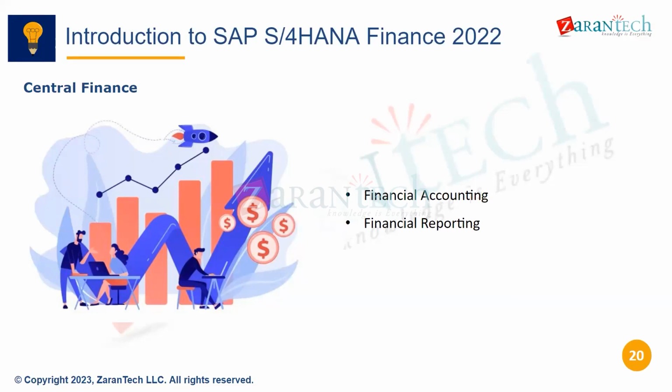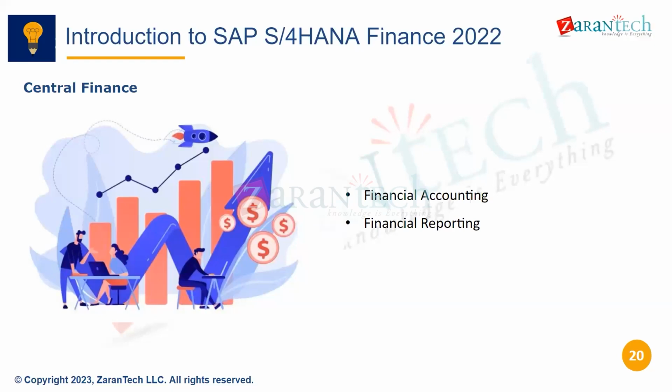But with central finance, the data that we post in our SAP system automatically interfaces to the central finance system. Similarly, it collects the data from several systems and helps to prepare the consolidated reports. And there are several other advantages like central reporting, central payments, and in the latest version, asset management also has been introduced.